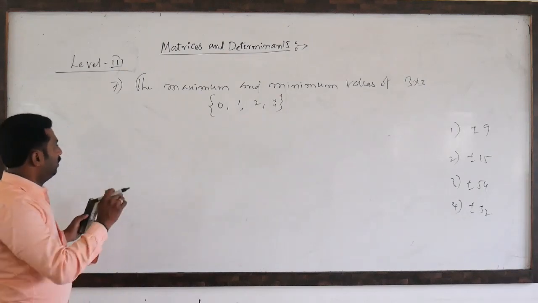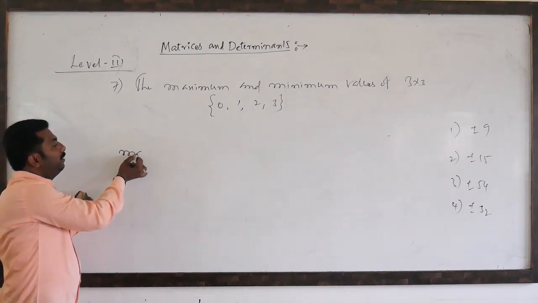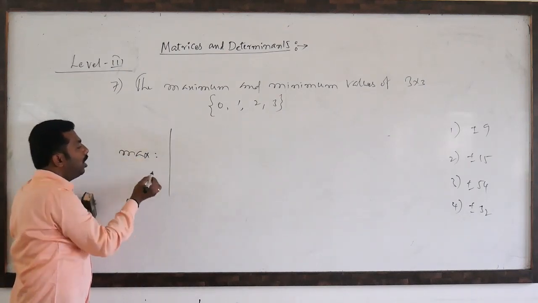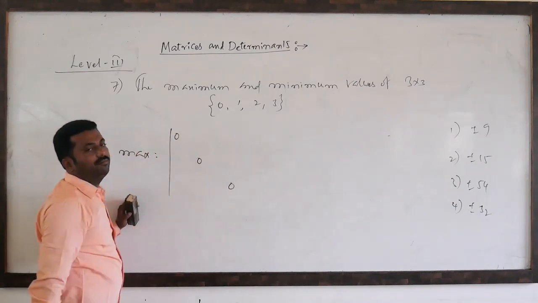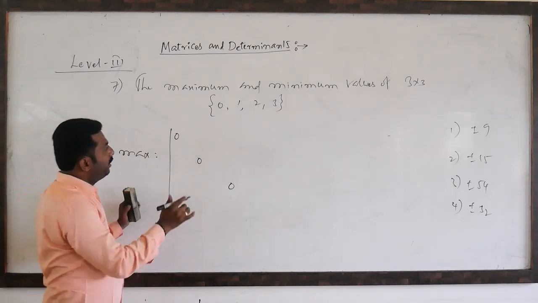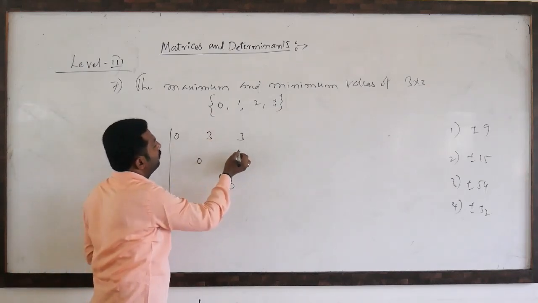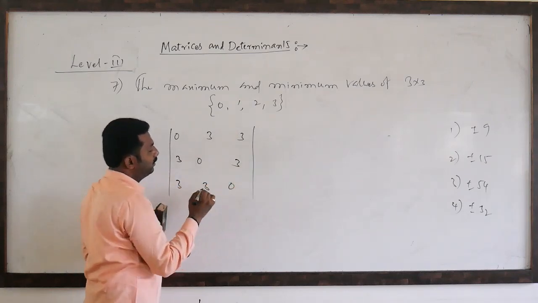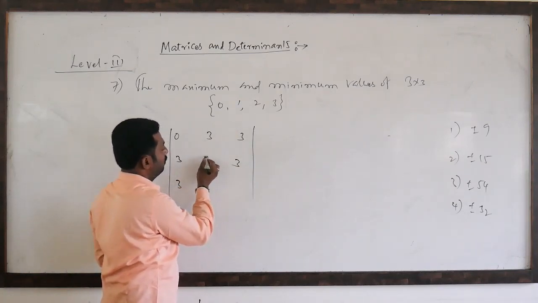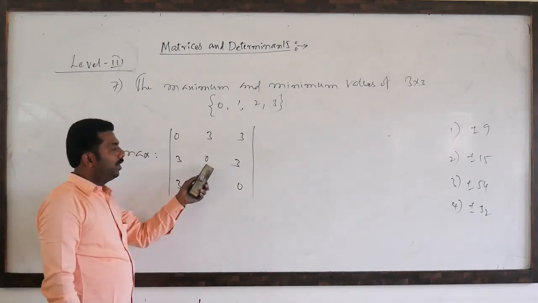You remember, if you want to get the maximum, the diagonal elements must be the least values. For a 3 by 3 matrix determinant, the remaining entries are 3, 3, 3, 3, 3, 3. If you write it like this, what is this determinant's value?